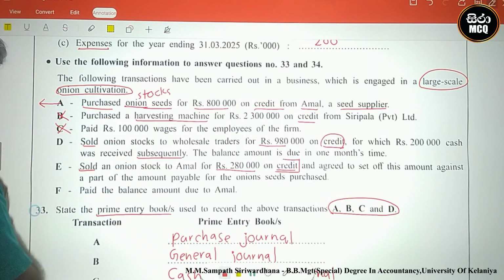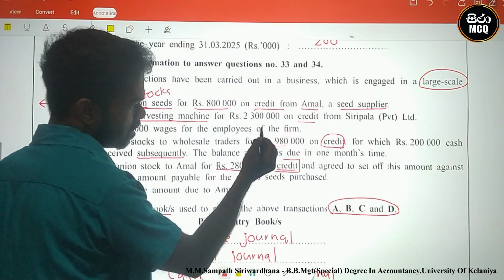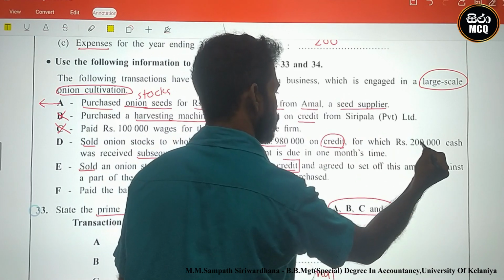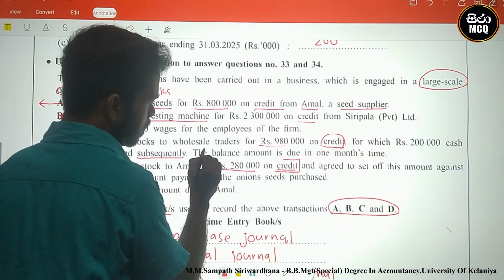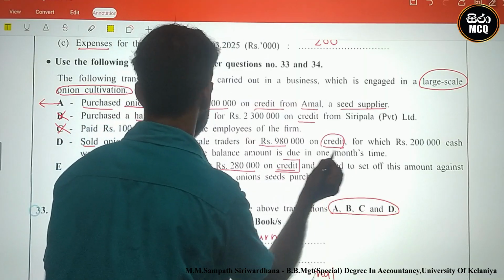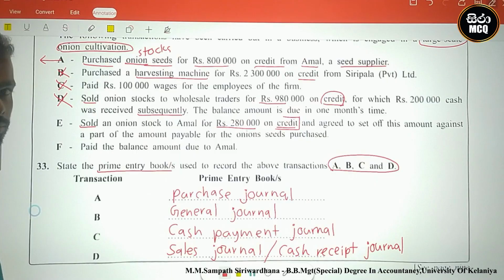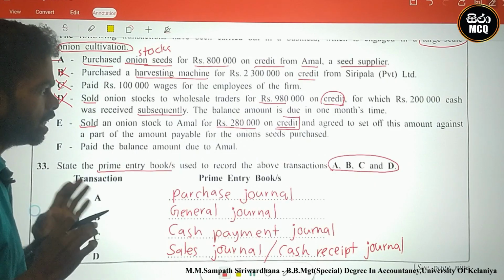This is not related to Amal. Sold onion stock to wholesale traders 980 on credit, for which 200 cash was received subsequently, and the balance amount is due in one month. This is not related to Amal. The fifth one and the sixth one are related to Amal.